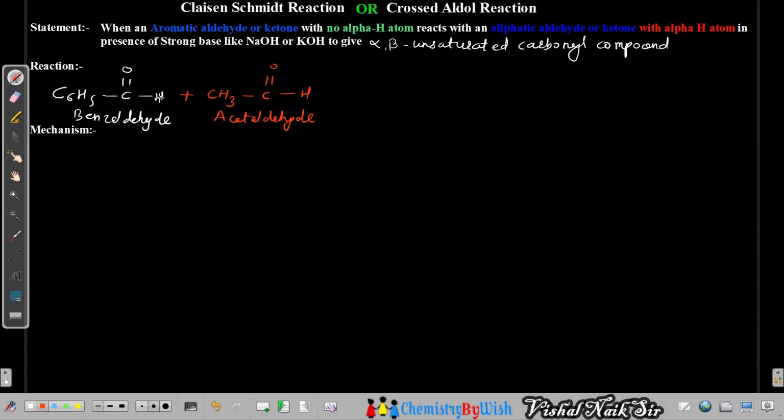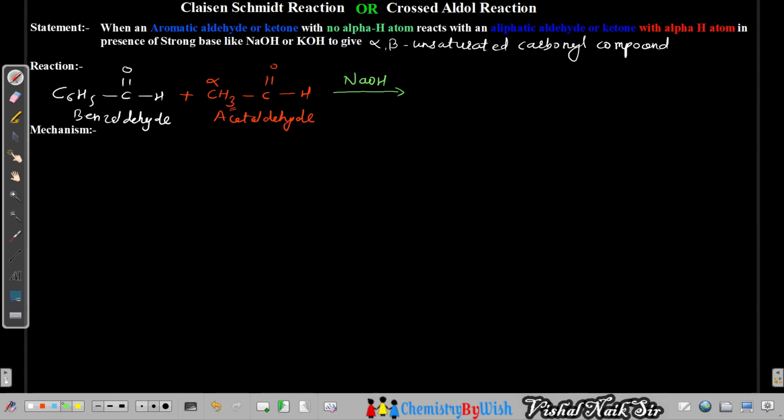So benzaldehyde, that is an aromatic aldehyde जिसमें alpha hydrogen atom नहीं है, reacts with acetaldehyde जिसमें alpha carbon है और उस alpha carbon पे 3 alpha hydrogen atoms हैं. When these two react together in the presence of a base like NaOH or KOH, हम कौन सी भी strong base ले सकते हैं, we get a condensation product by removal of a water molecule.